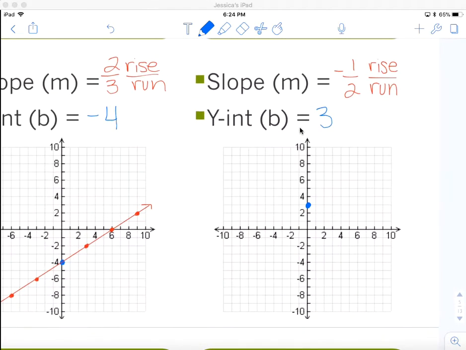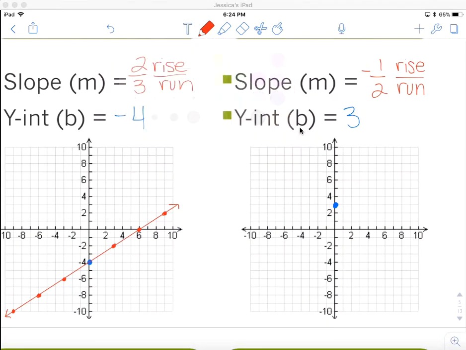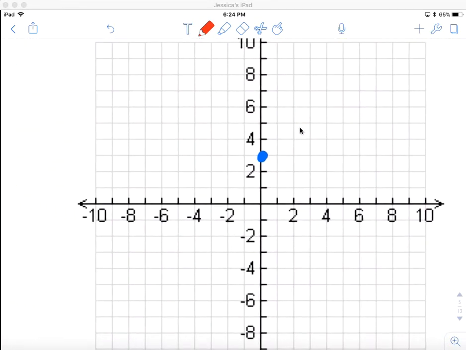Then from here, my rise over run means I go down 1, right 2, all the way across. To keep this negative, if I go up 1, I would go left 2.